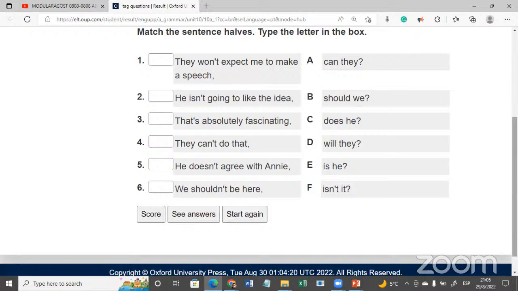What about number one? They won't expect me to make a speech. Which letter is that? A, B, C, D, E, F. D. Okay. And number two. E. Three.